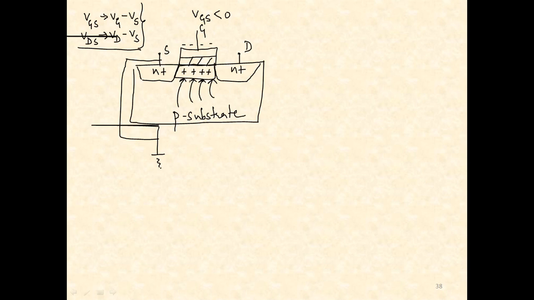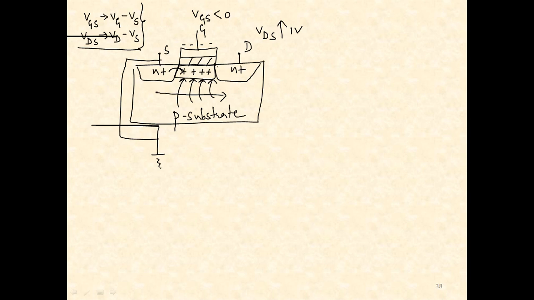But is that our objective? That's not our objective, because if this space gets filled up with holes, then even if I apply VDS 1 volt, the drain will exert a force. However, the electrons from the source, when they enter here, will just get recombined with the holes, so they will be lost here.